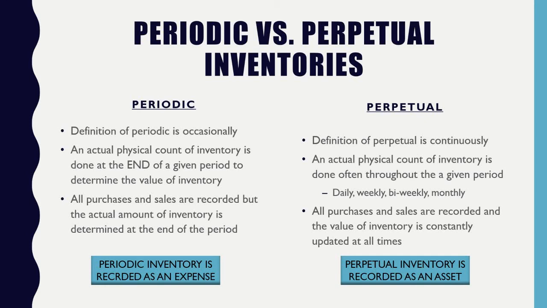So oftentimes with periodic inventory, you make a whole bunch of purchases, and you have a whole bunch of inventory. Then at the end of the day or the end of the week, depending on how often you check your inventory, you just count how much inventory you actually have on hand. That's how you determine how many items have been sold.